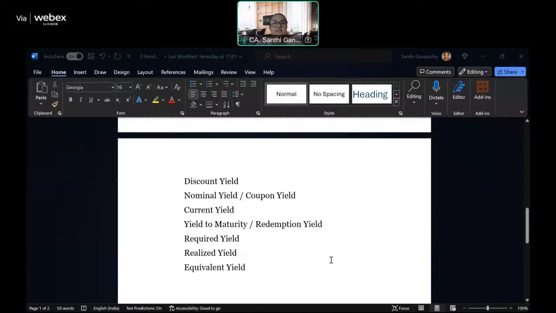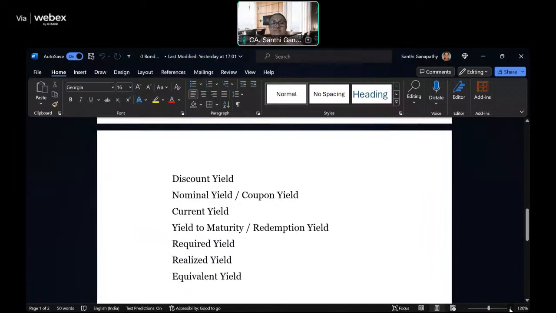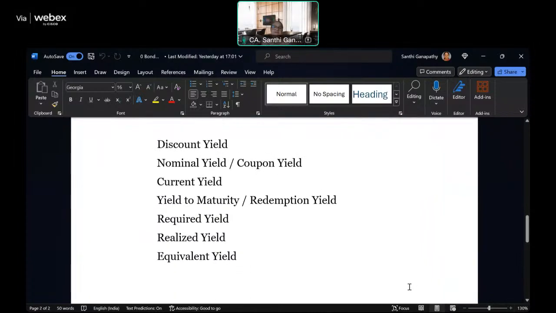Next, we will look at the concept of yield. Yield means return. We have various types of yield. Discount yield. What is discount yield? Now, note that all instruments will carry a coupon.